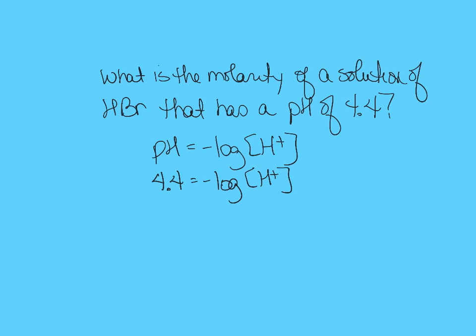Okay? If I take 10 to the negative 4.4, and I take 10 to the negative log of H+ over here, opposite operations, on this side I'll just be left with H+.